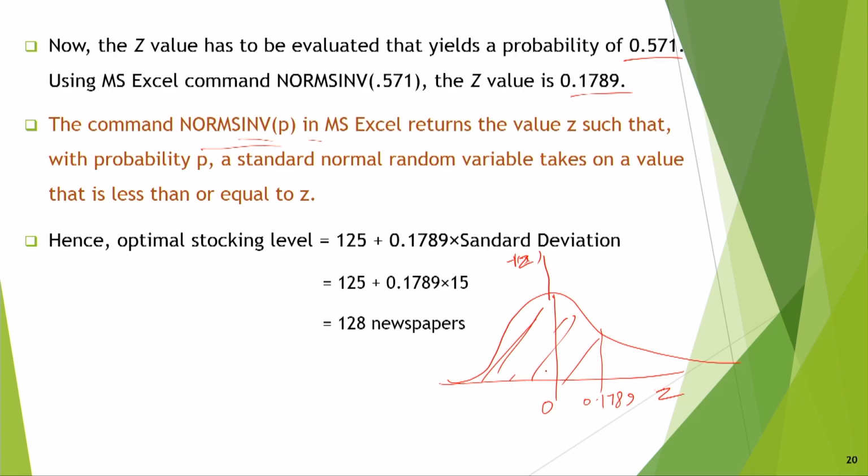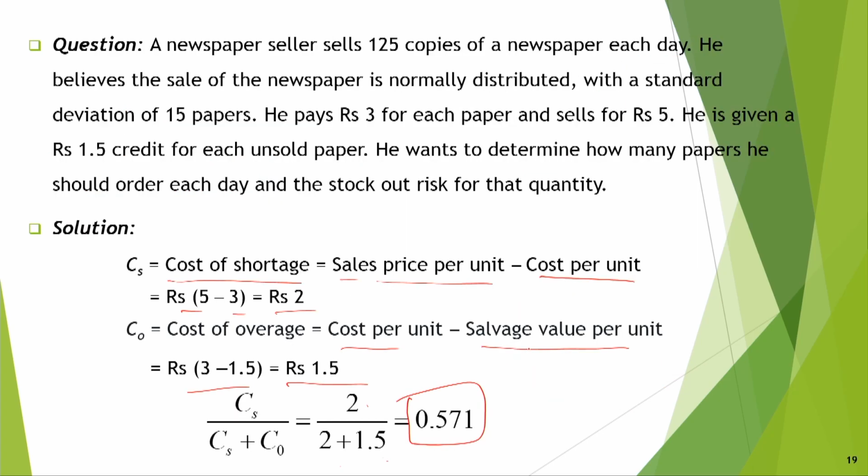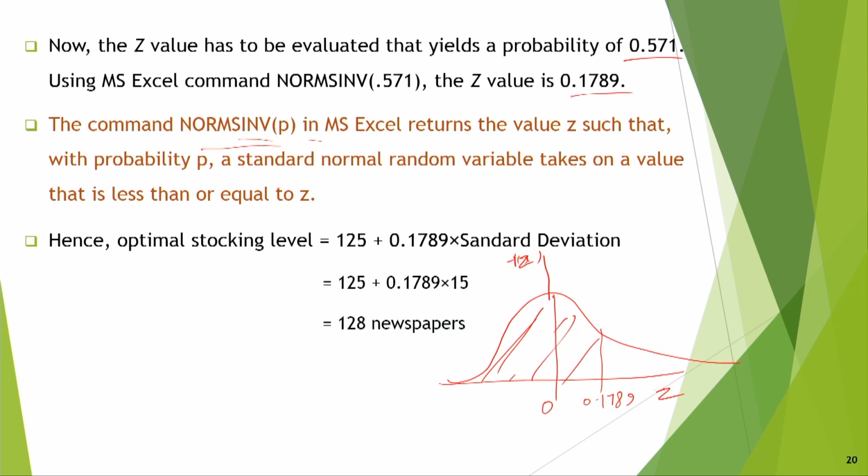So, mean value is already 125, because the seller sells 125 copies each day, that is average, but standard deviation is 15. So, 125 plus normalized value 0.1789, but now you have to denormalize it, so you multiply by standard deviation, that becomes 125 plus 0.1789 into 5, and this becomes 128 newspapers.